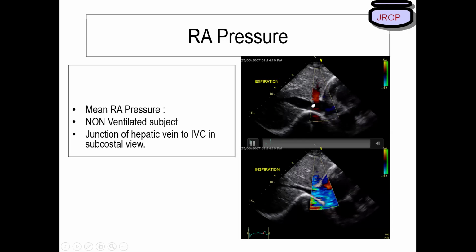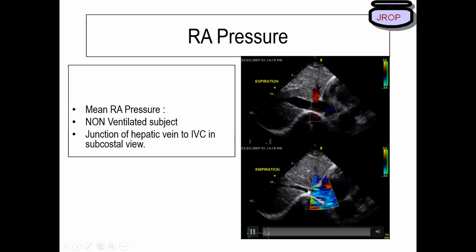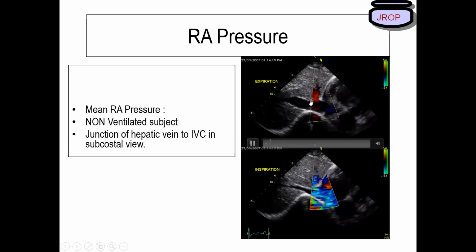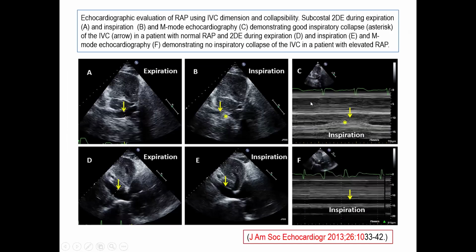We freeze the image in end expiration and measure from leading edge to leading edge how much my IVC size is. The patient takes a deep inspiration and we look at how much smaller it has become. That's how we measure our IVC size, and once we measure the IVC size, we come to know what kind of RA pressure it is.